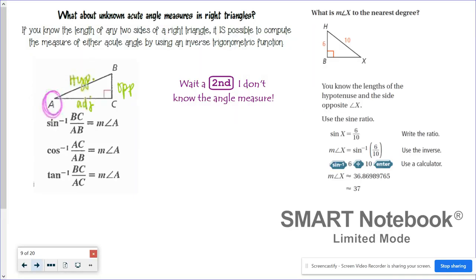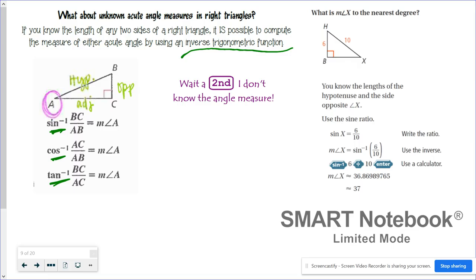Angles can be found in a similar fashion. So if you know the length of any two sides of a right triangle, you can find the measure of one of the missing angles using an inverse trig function. So like here, see this notation with the -1 as an exponent? That's the inverse notation.